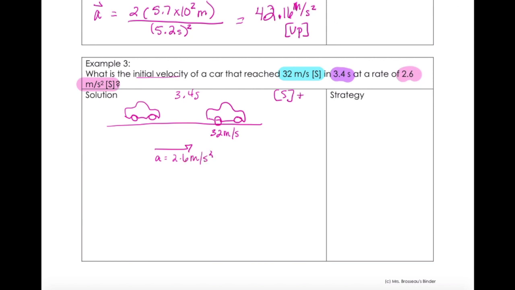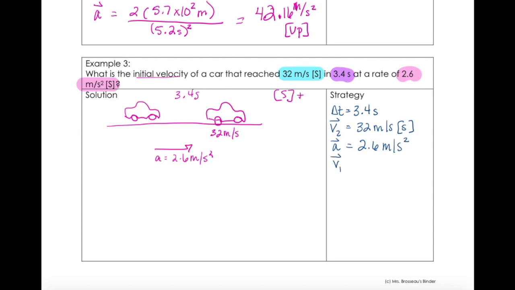Okay, so writing out the things that we know, our delta t is 3.4 seconds. Our final velocity is 32 meters per second south, and our acceleration is 2.6 meters per second squared, and we are trying to find v1.